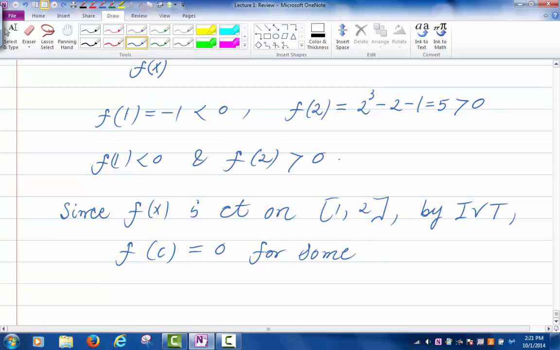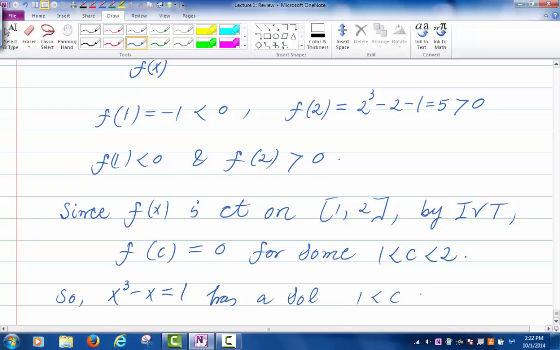So what we said is the value of f at 1 is negative, at 2 it's positive, so it's got to take on the value 0 where? Well, what's the location of c? Between 1 and 2. So there is a value of c between 1 and 2 where f is 0. So basically the equation that we started with has a solution c between 1 and 2.